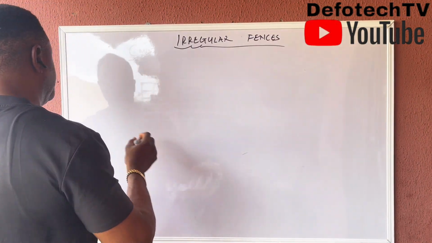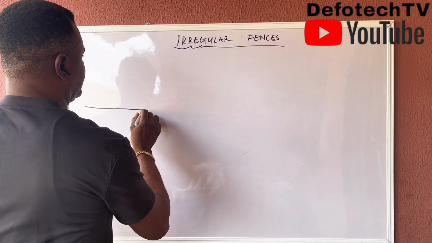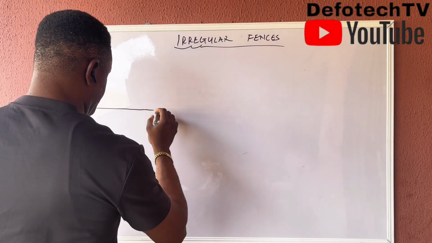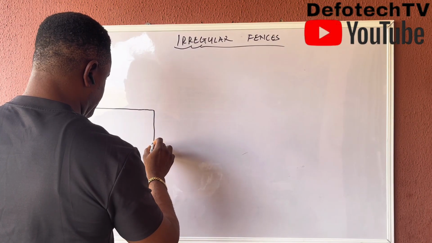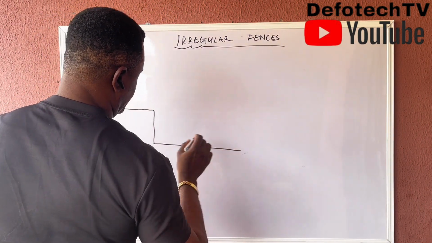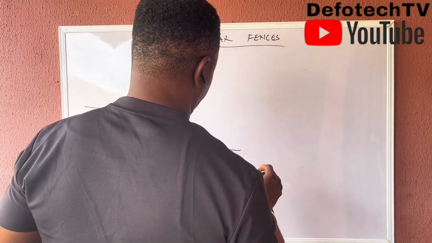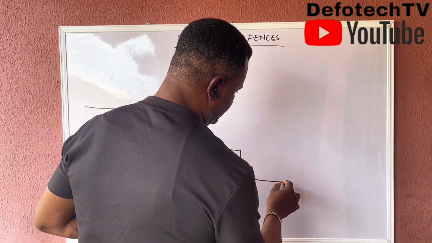Let's assume this is a topography of the area. Maybe there's a step down here. Then to get here, the fence drops again here.